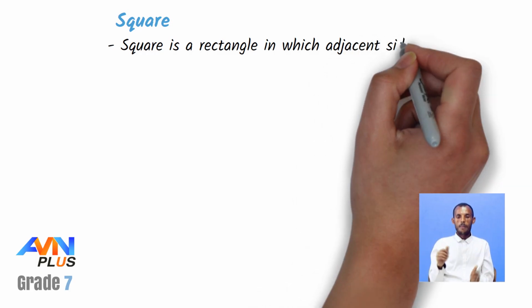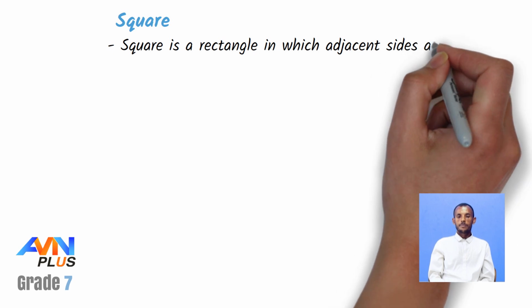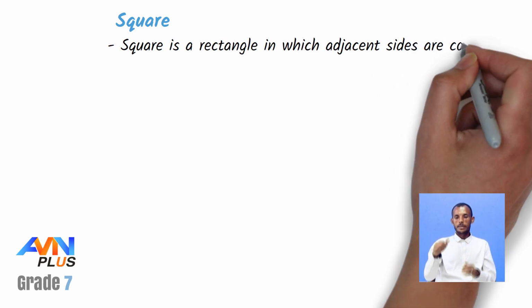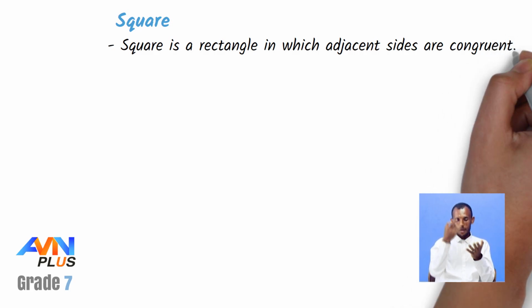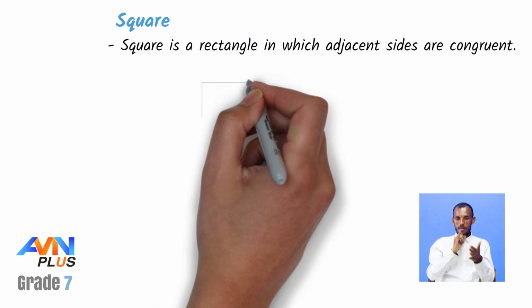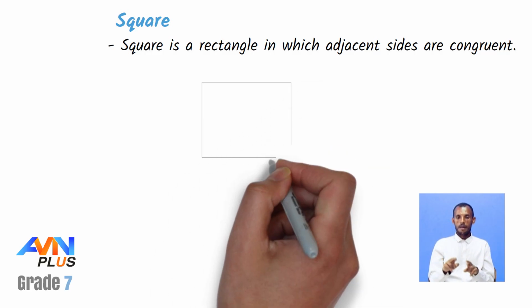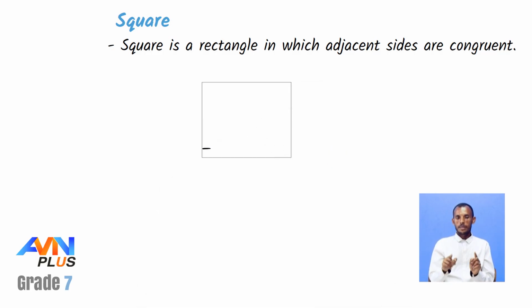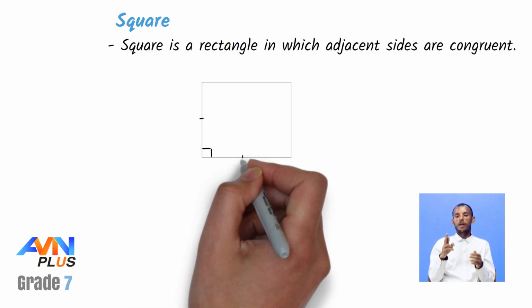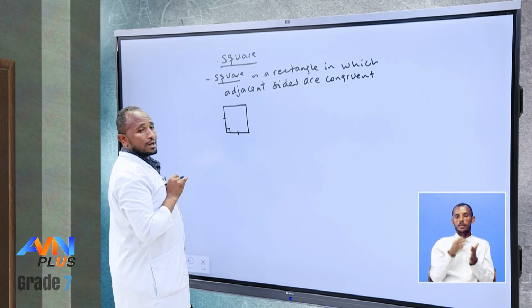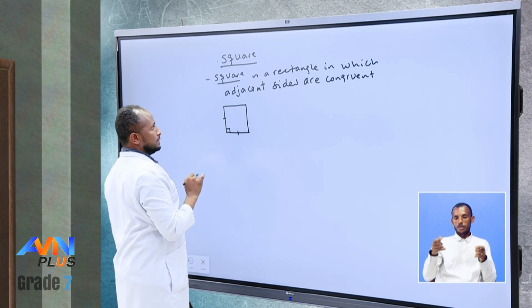Here it is a rectangle, but the adjacent sides, this and this, are congruent. This implies all these sides will be congruent since it is a rectangle, and the opposite sides are also congruent.